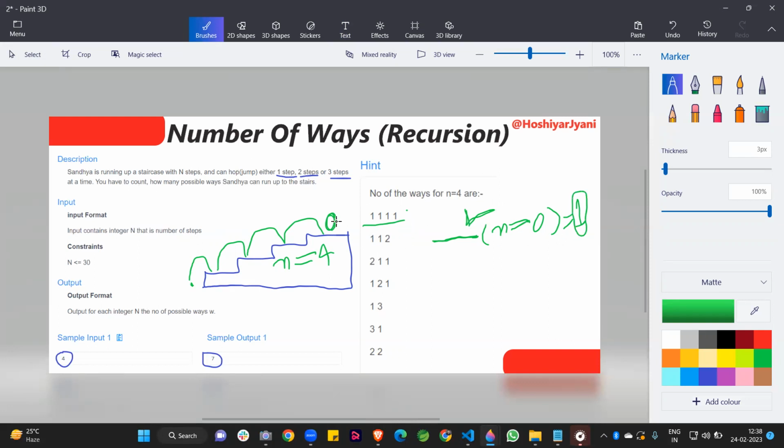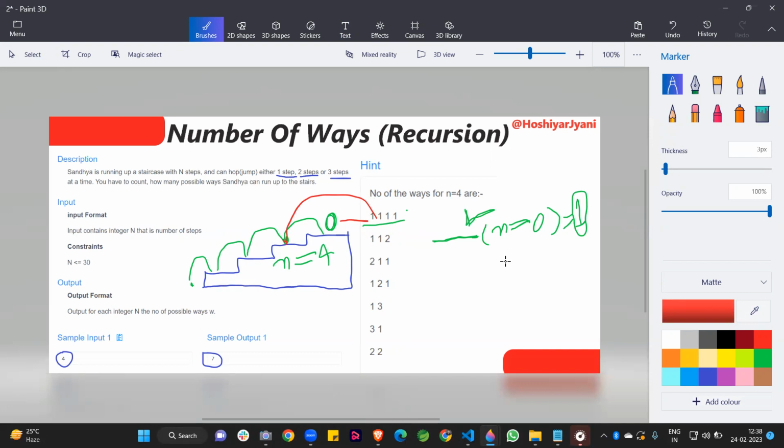So after that, if our n value is negative, like we are at this position, okay guys, assume this position also. If we are at this position and we take a jump of two positions, this is not a good possibility. We avoid this position and we jump out of the stairs.